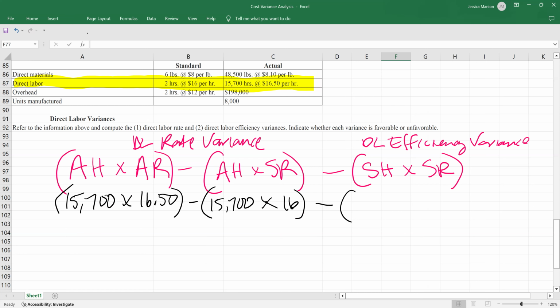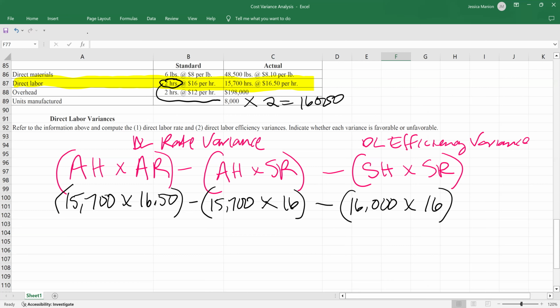And then standard hours, and again, our standard hours. So each unit takes 2 hours. We produced 8,000 units. So 8,000 times 2, we should have had 16,000 standard hours times the standard rate. All right, there's our numbers plugged in. And now it's just a matter of doing the math here.